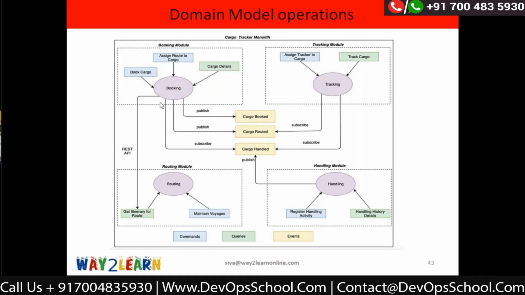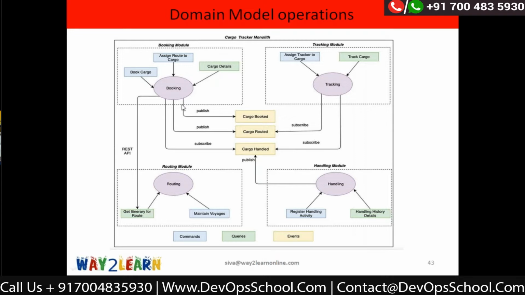So like that. Now, whenever assign route to cargo is called, my booking module will have to make a REST API call to get the itinerary for the route. The routing module will actually give you the itinerary, and this will update the cargo. Now, whenever any state change happens in a bounded context, an event has to be published so that other bounded contexts will be notified and they will do the necessary logic.